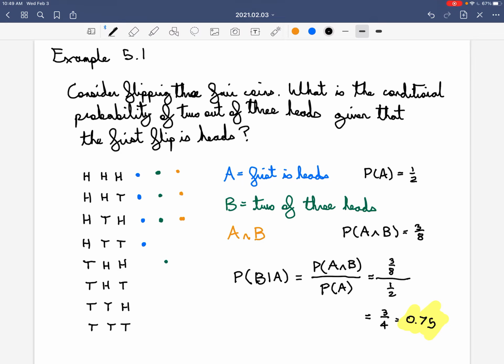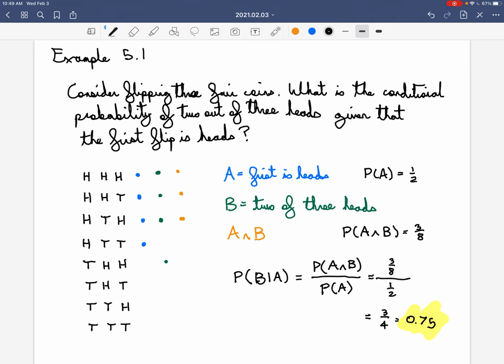Okay, so the first thing to do, like always, is to translate the problem into mathematical language. And what we're going to do is define an event where the first flip is heads.